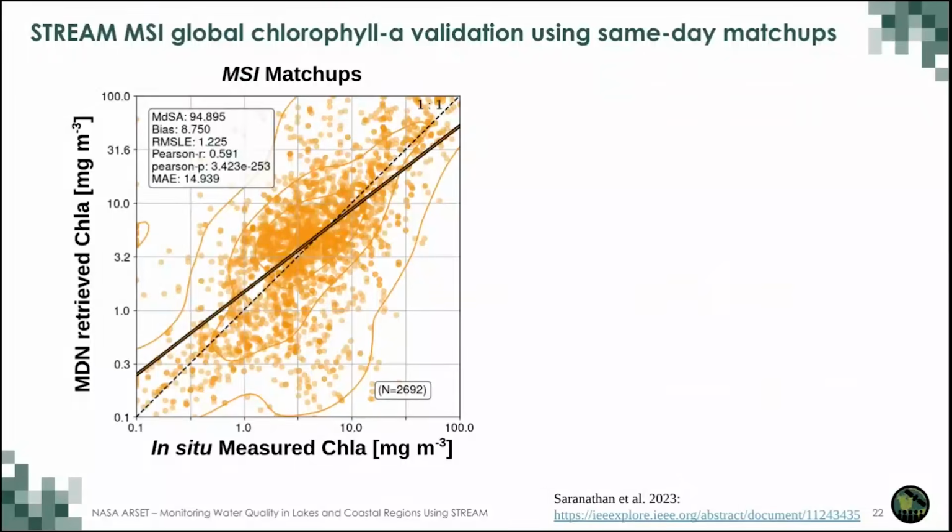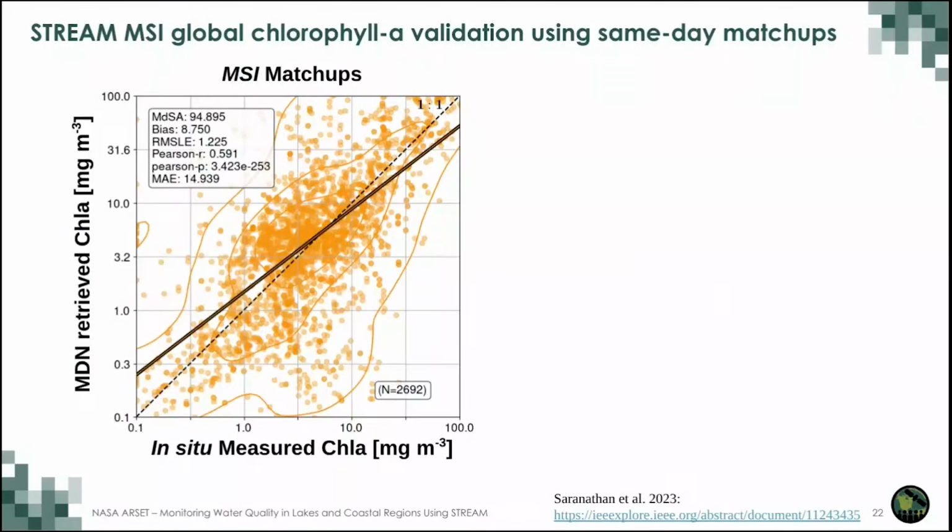The actual accuracy when we apply it to satellite instruments is reduced. So shown here, we have MSI matchups. So they're same-day matchups where MSI, the imager on the Sentinel-2 satellite, overpassed while the in situ chlorophyll A concentration was being measured.